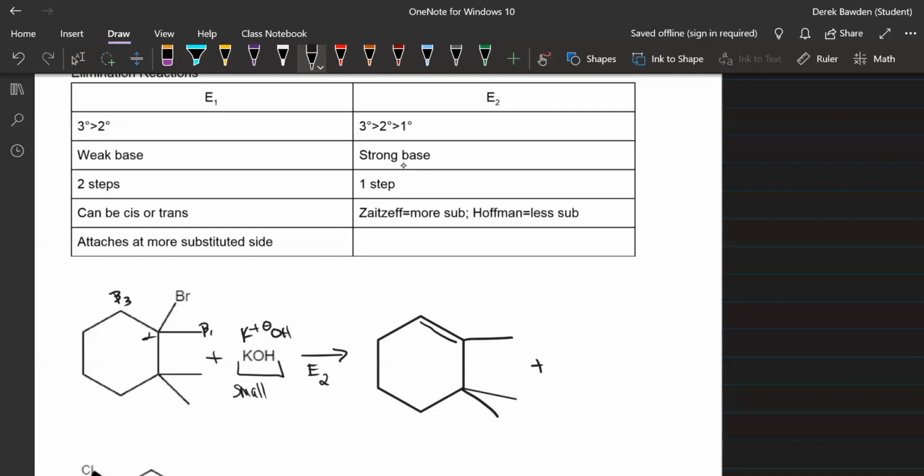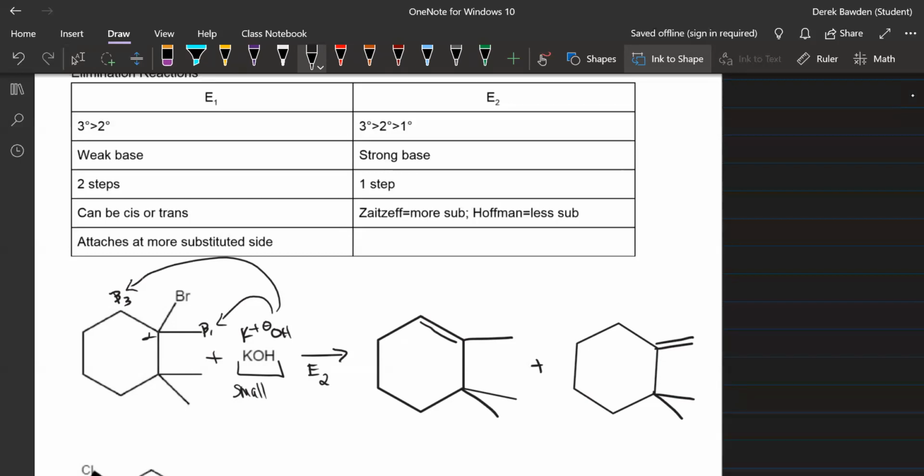Okay, so we can draw that one, and we also have this product here. And the reason it's able to do that is because the base steals a hydrogen from those carbons, and then that negative charge that's on that carbon flips down and forms a double bond, okay? And then that kicks off our leaving group.